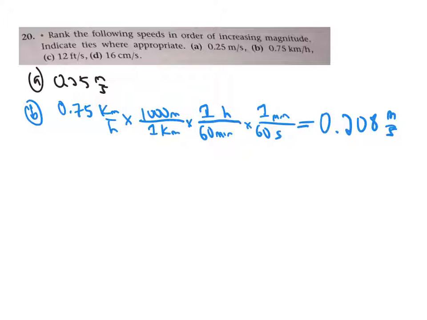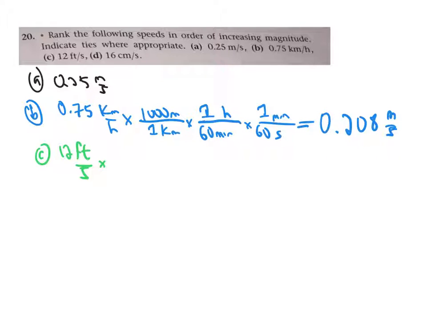All right, and then part C was 12 feet per second. And as a reminder, you don't have to convert from imperial to metric system on the test. Nothing will be phrased that way. This is the kind of thing you might throw into Google or whatever if you wanted to do it.